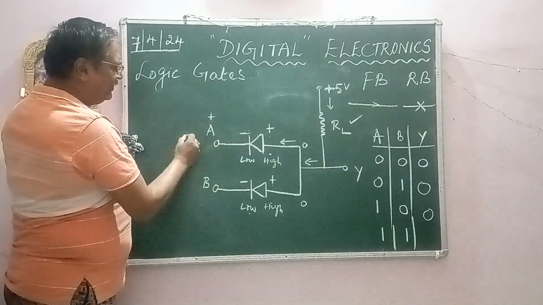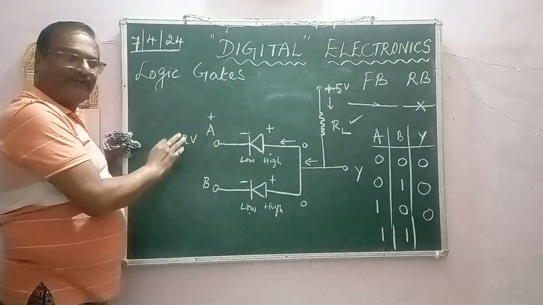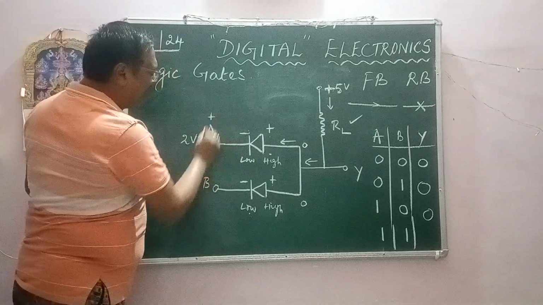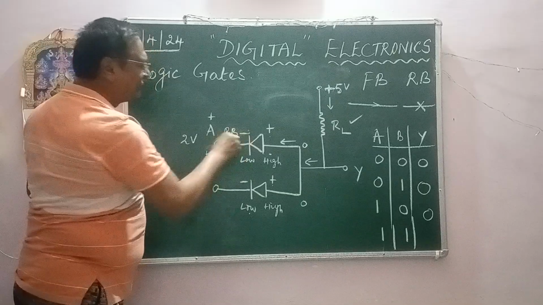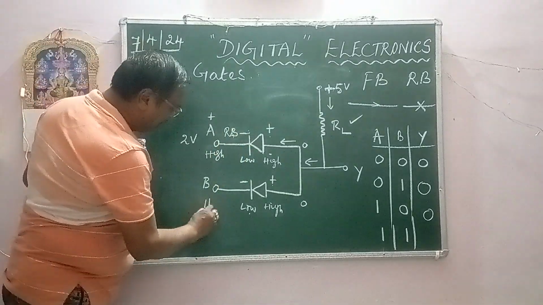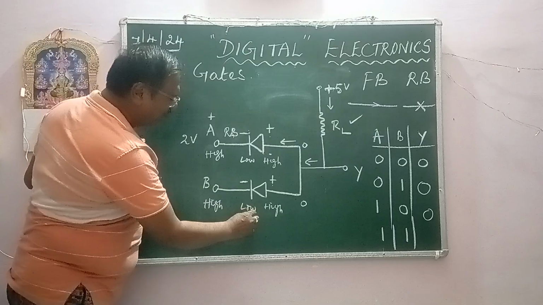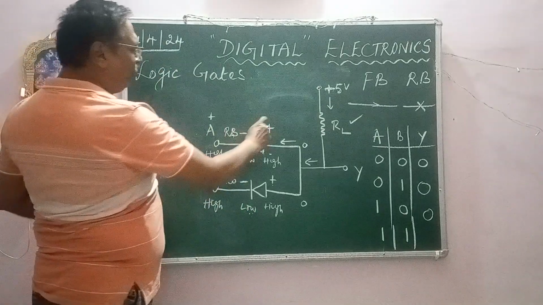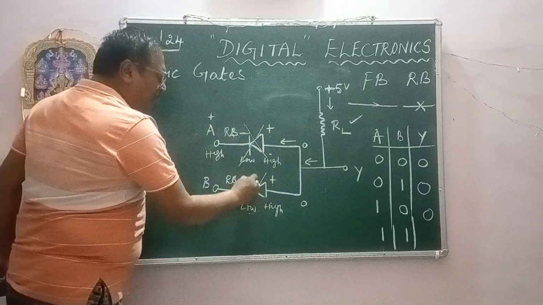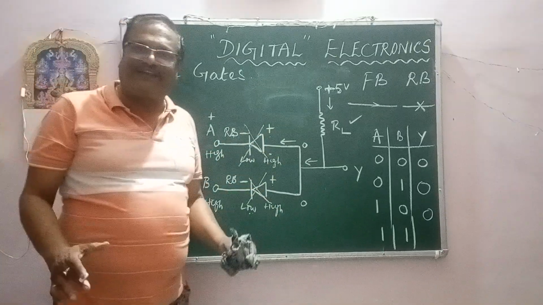Maybe it can be, let us say 2 volt, right? And 2 volt, it is high. This is high and this is low and this is reverse biased, right? And this is again high and this is low and again it is reverse biased. So what will happen? Both the diodes will not conduct.